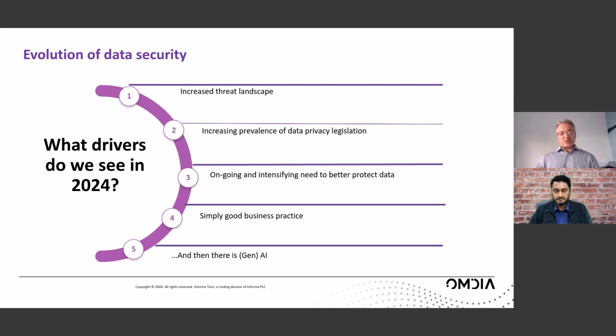What are the drivers? Well, I think probably there's 5 that we'll talk about here. The first one, increased threat landscape. I don't think anybody would really dispute that that's perhaps the lead driver. And again, Omdia's research, we have a breaches tracker, which not surprisingly tracks all those declared breaches.